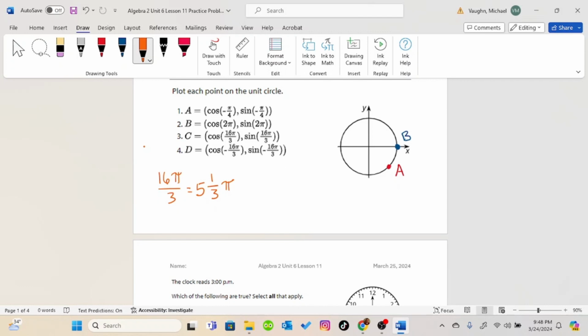So one full rotation would be 2 pi. 2 full rotations would be 4 pi. Half a rotation more would be 5 pi. And now we need to go down one more third. And our point would be in quadrant 3. This would be point C.